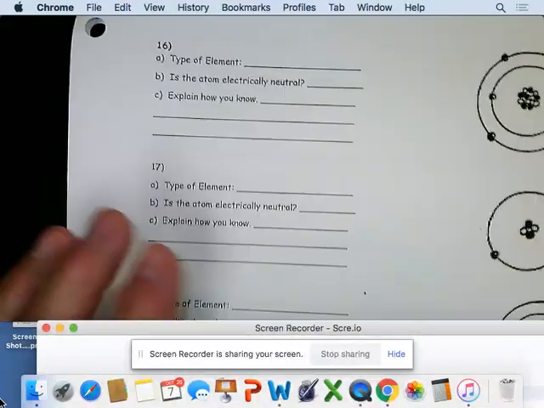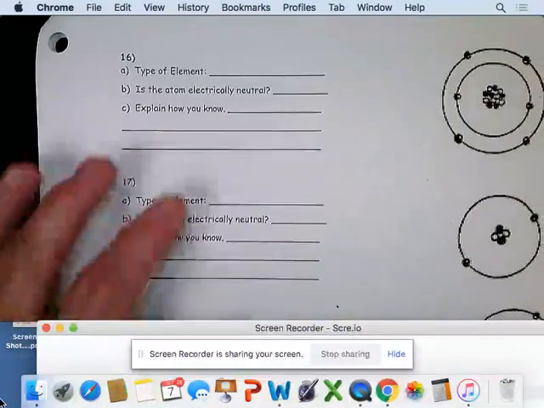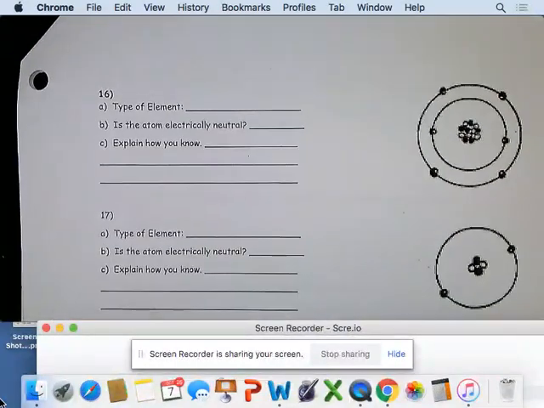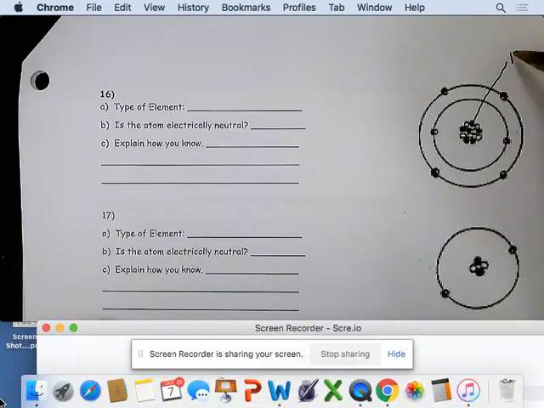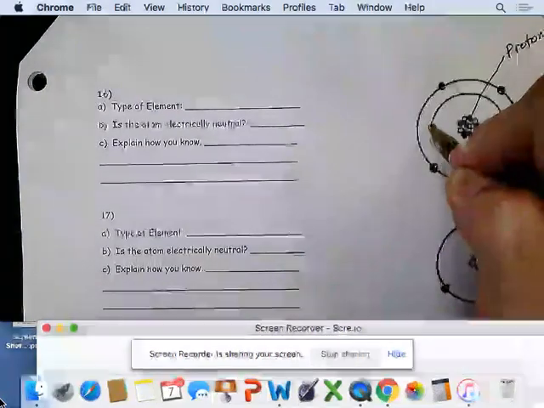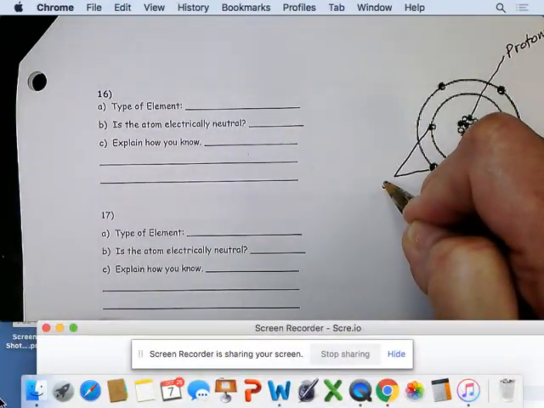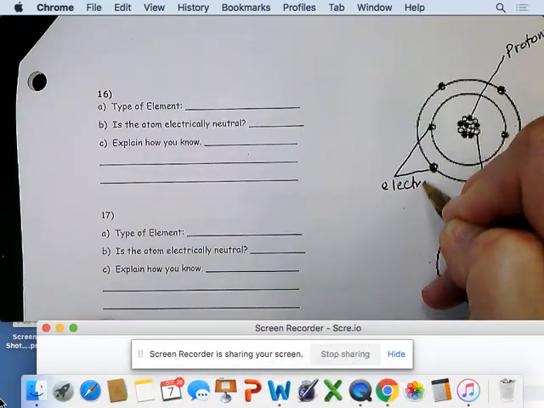Now, when you go to your last page, the information that you need to know is that the dark dots in the nucleus are the protons. The clear or white dots in the nucleus are the neutrons. And then in the rings, those are our electrons.